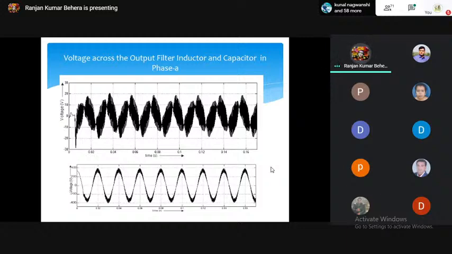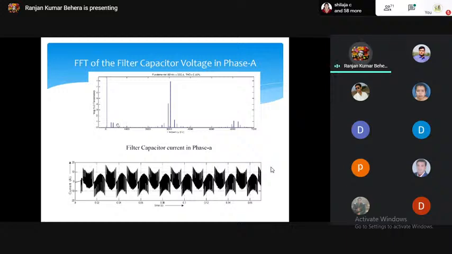You can see here they both are absorbed in the inductor. You can see that the area represents the small storage of energy. Then you see the FFT of the filter capacitor current and voltage here also.